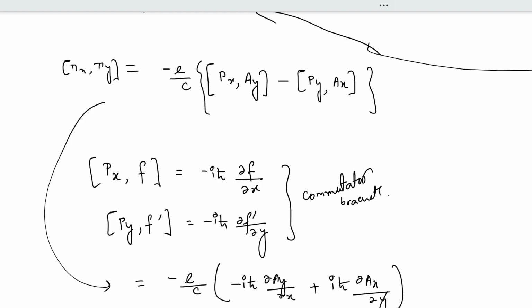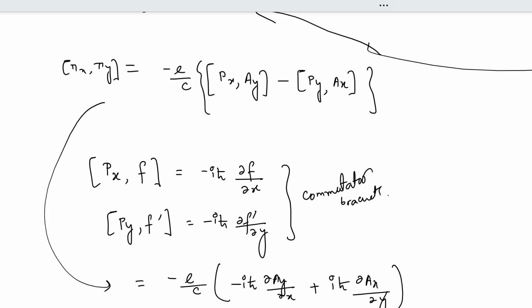In fact, you can have minus i h cut as common, so this minus and minus makes it plus. Then you have this has become plus again, so this del Ay del x minus del Ax del y.